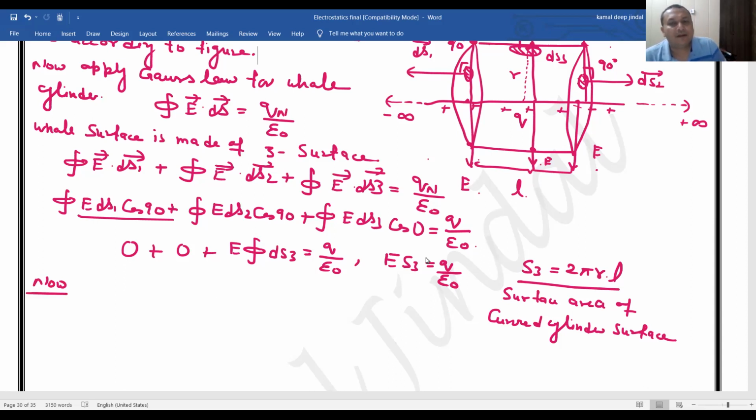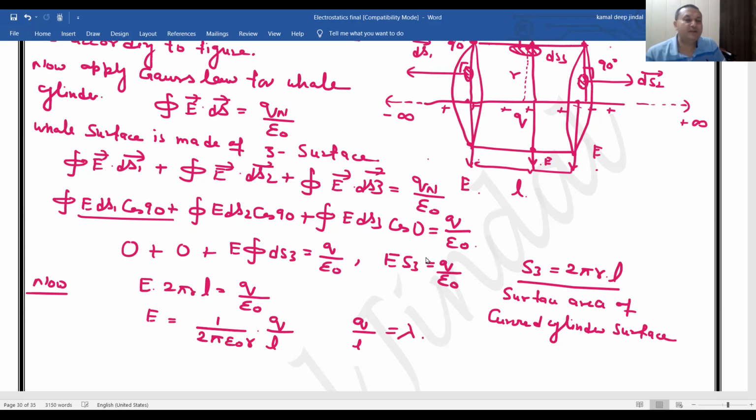Now you will go ahead and put the value of this S3 here. So E into 2 pi r L equals Q upon epsilon naught. E equals 1 upon 2 pi epsilon naught r into Q by L. And what is Q by L?